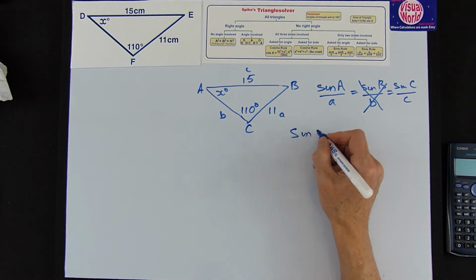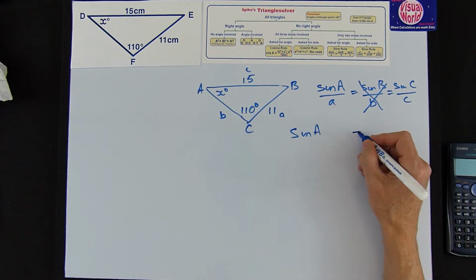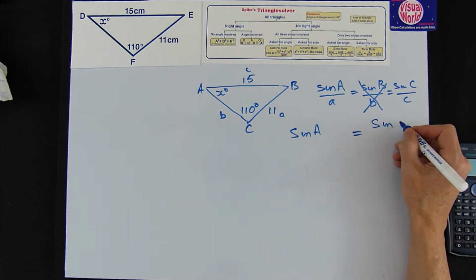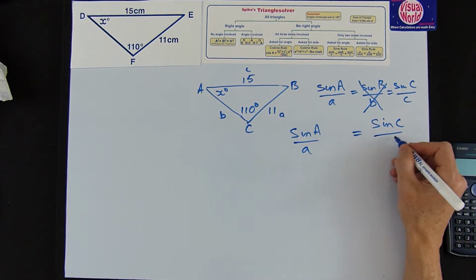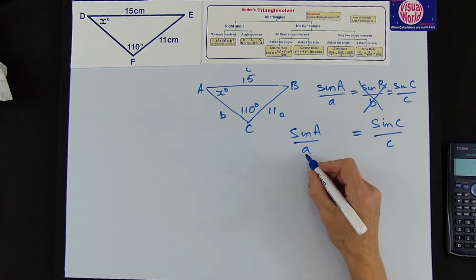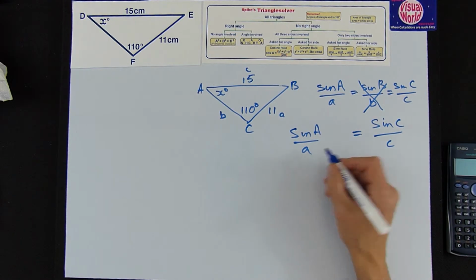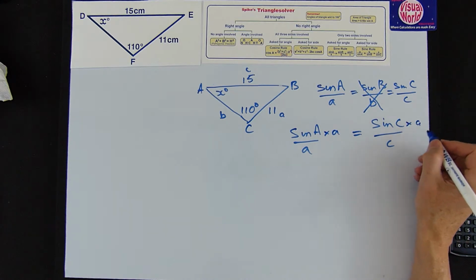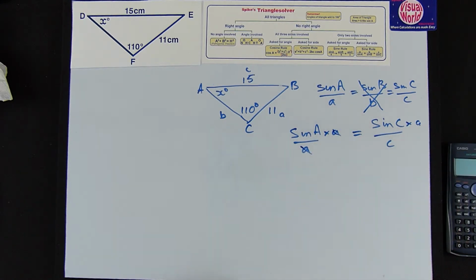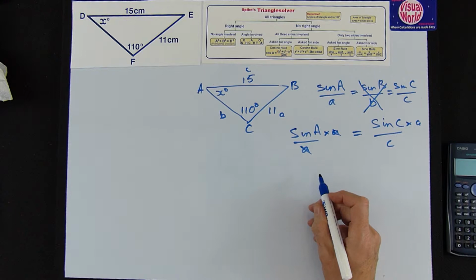So when you're writing it out, leave a gap before the equals for your working. We want to get rid of that A there, so it's divided, so you do the opposite and times it. So we times by A, cancel that out, and we're ready just to put in our numbers.